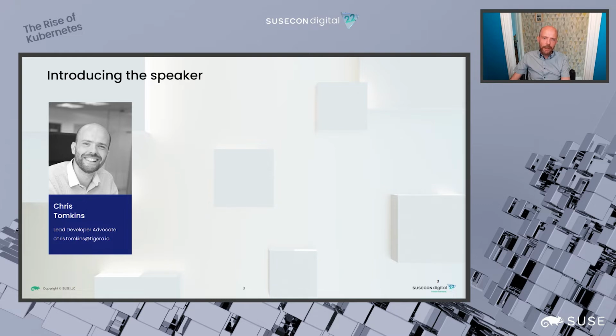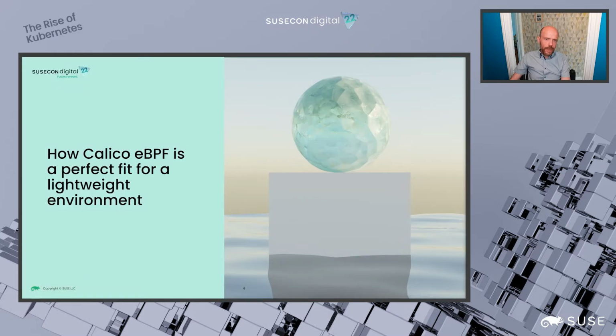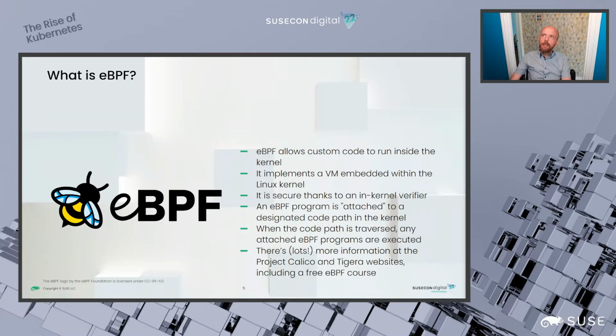So, how can Calico eBPF fit in perfectly in a lightweight environment? Well, K3s is a great fit for a lightweight environment, and so what are the objectives in a lightweight environment? To run software that is lightweight and doesn't consume much RAM or CPU.